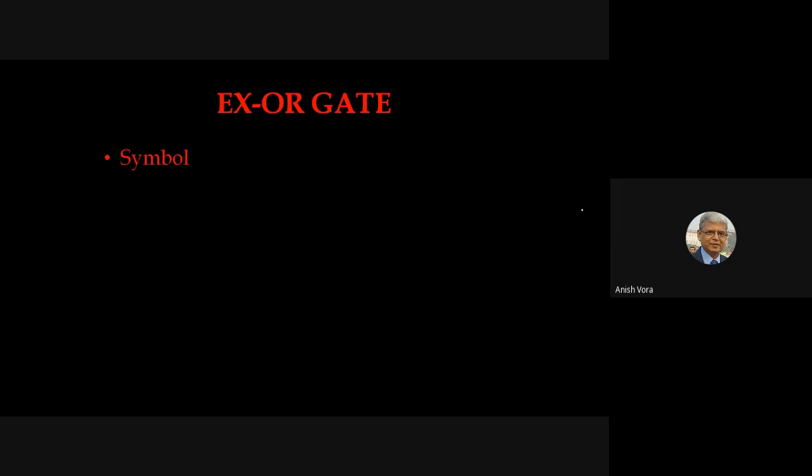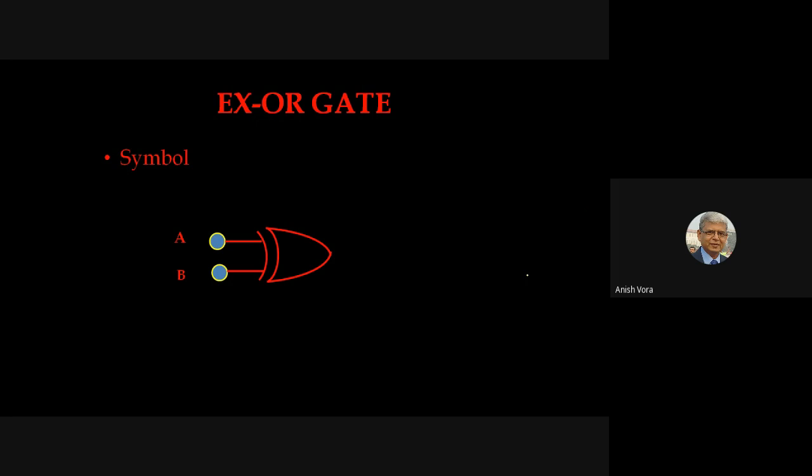So now first we check the symbol. So see, OR gate જેવો symbol છે, but now to identify or to differ OR gate and XOR gate, so આપણે આવી રીતે એને બતાવતા હોઈએ છીએ at the input side, right? So this is difference in OR gate and exclusive OR gate.